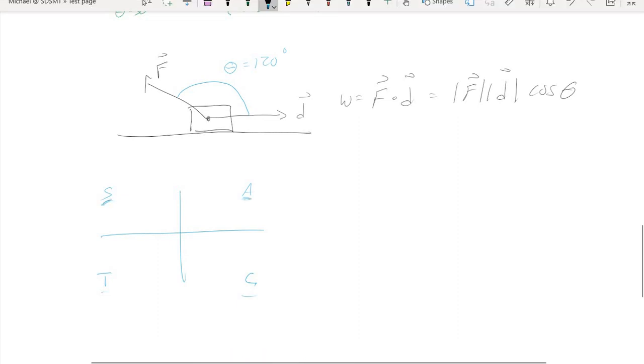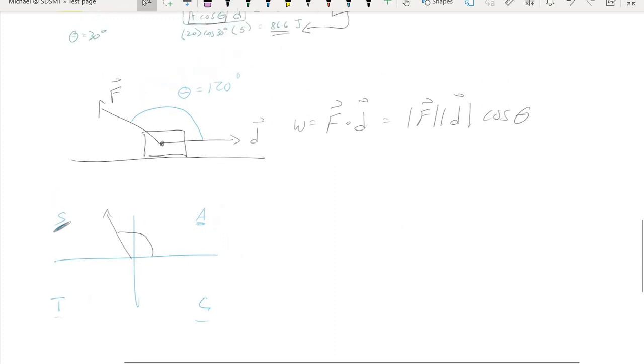In the second quadrant, only sine, third quadrant, tangent, fourth quadrant, cosine. And so if I have an angle that exceeds 90 degrees, then I should expect the cosine, well, the only thing in the second quadrant that's positive is sine, so cosine has to come out negative. And that means our work is going to come out negative.